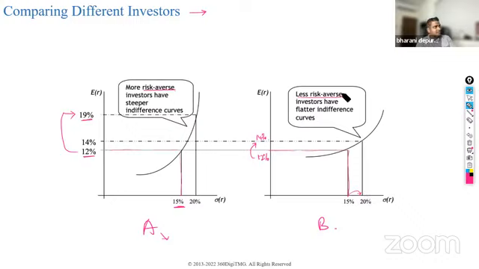Because this guy is less risk averse, meaning a risk-taking person. So for a risk-taking person, the investors have a flat indifference curve. For a risk-averse person, the indifference curve will be steep like this. That's the difference. So you have a steeper indifference curve and a flatter indifference curve.